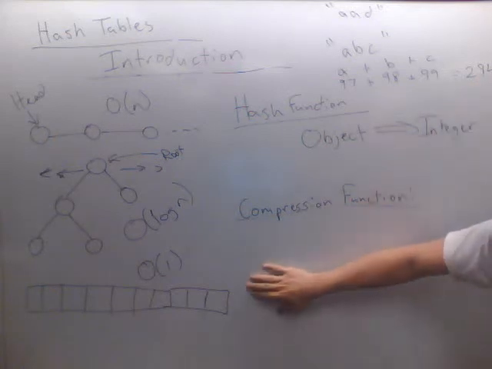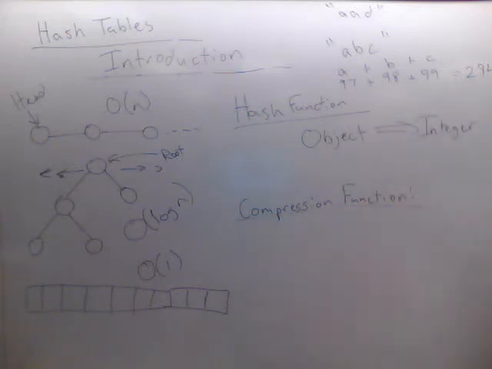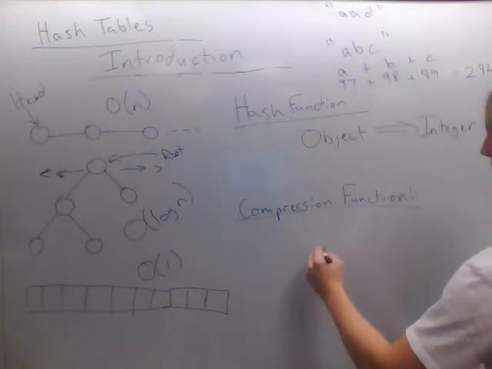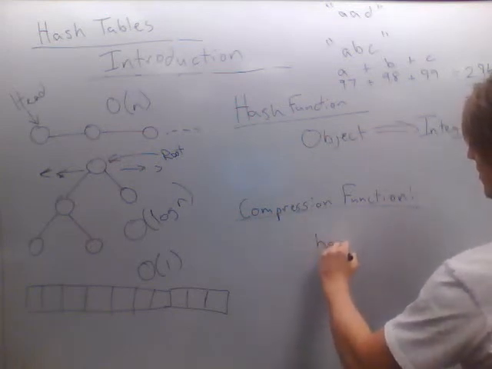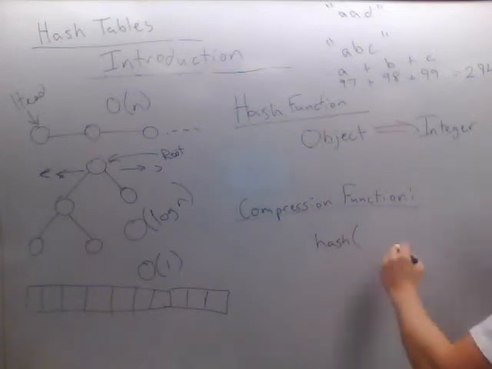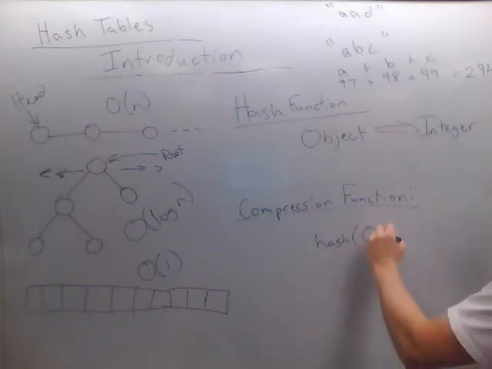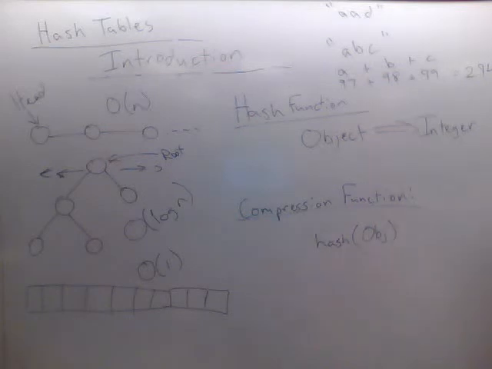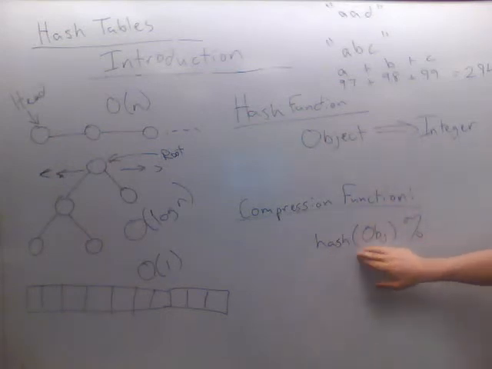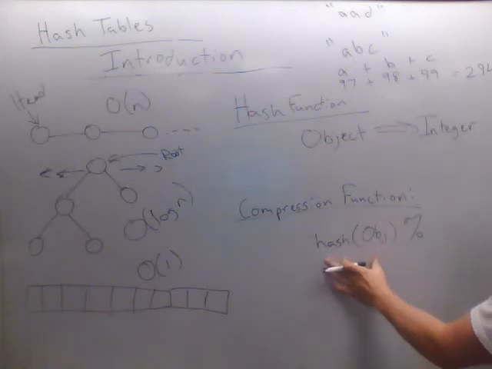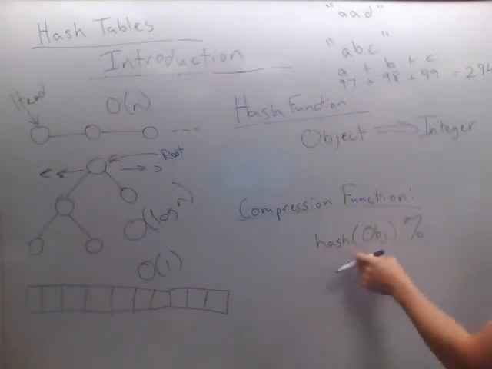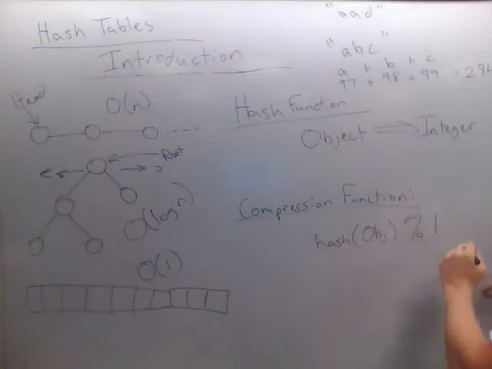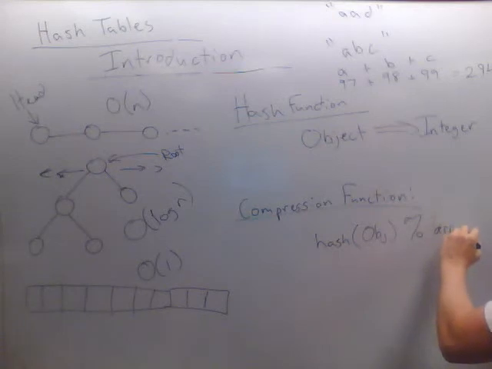Okay, so for a compression function, I want to fit this number inside my array somehow. So what I can do is take the hash function of object O, and I want to fit it inside my table. What I can do is mod what's returned by the hash function, I can mod that integer by the length of the table, array.length.